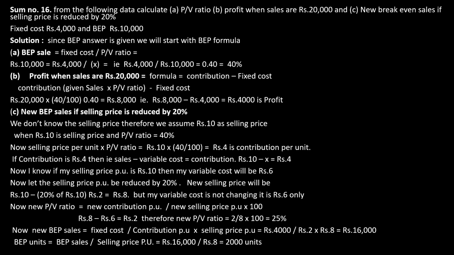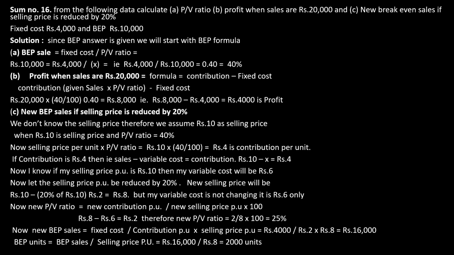Once I know the contribution per unit, I can find my variable cost per unit, because selling price minus variable cost will give me contribution. Here 10 rupees minus X will give me 4 rupees. Therefore my variable cost will be rupees 6. X is nothing but 6 rupees.